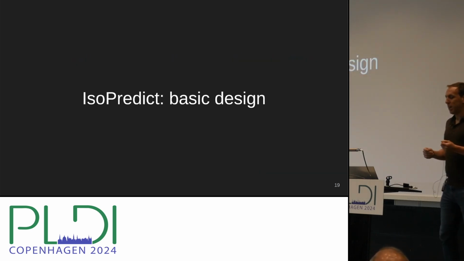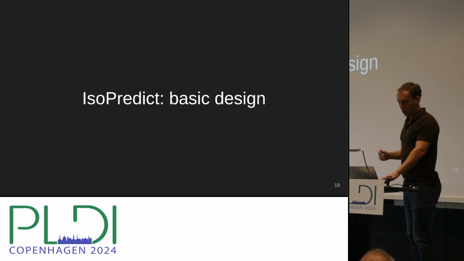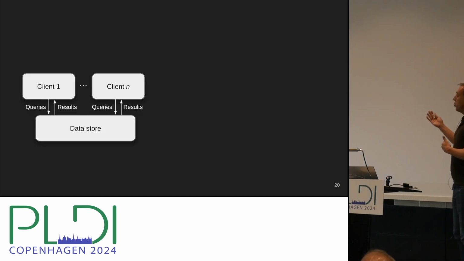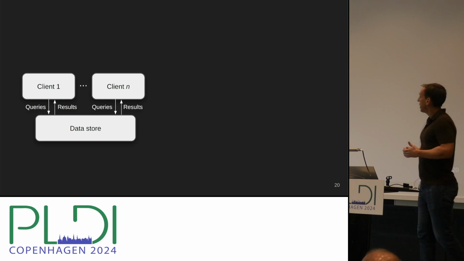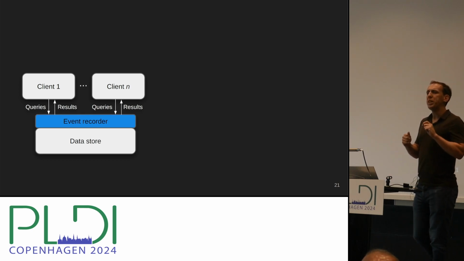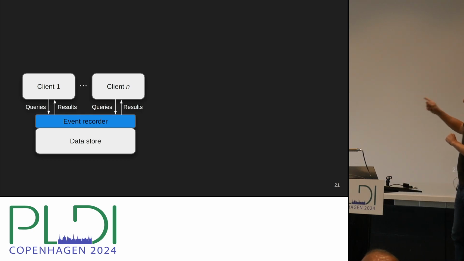The basic design of IsoPredict is what I'll discuss first, and then there'll be one problem that we'll have to solve before the full design. Again, we assume a data store has multiple clients issuing queries to it. We added an event recorder in order to collect the observed execution.